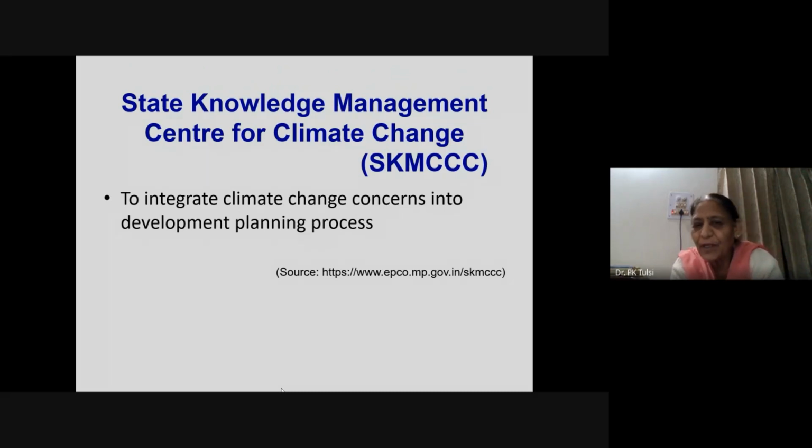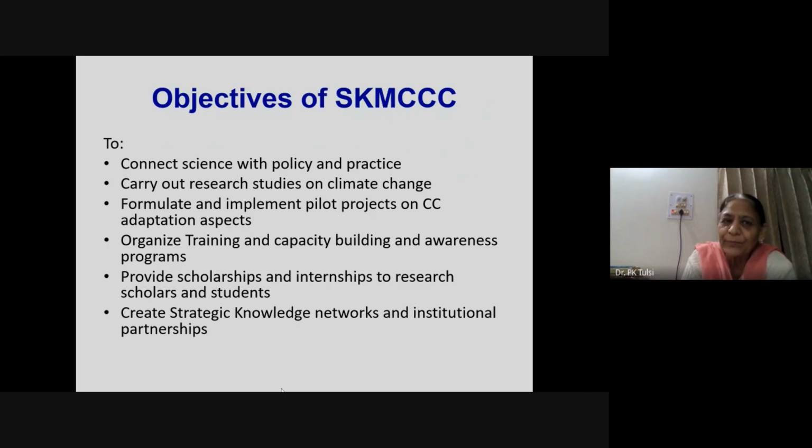Now, this I picked up from the State Knowledge Management Center for Climate Change. You can see the goal was to integrate climate change concerns into the development planning process. Now see how the objectives translate. If you are very clear about the steps which are used, you can simply state the objectives of that.